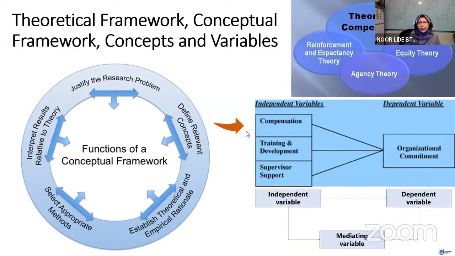But when students look at this, it sometimes doesn't click to them that this is a concept. So you have to tell them that when we want to look at the relationship between variables, we are actually looking at the relationship between certain concepts. So what are those concepts? How do we define them? This is why I think the operational definition matters.